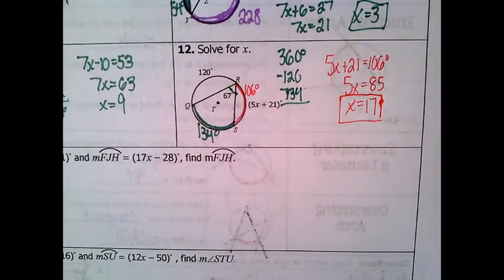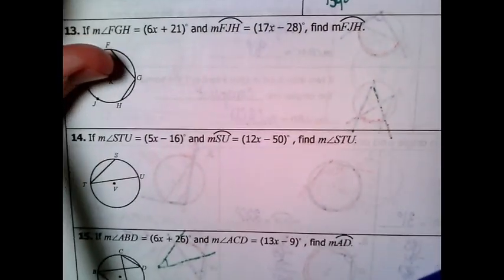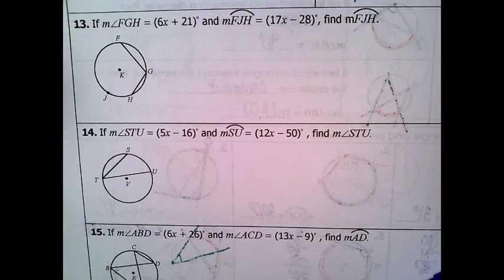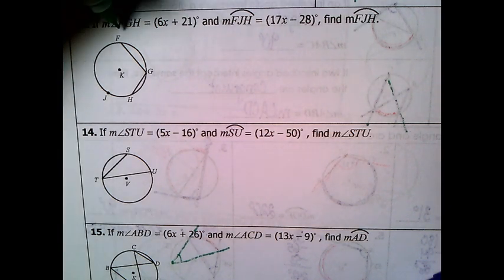So those are all algebra problems. The next ones are geometry problems, because I have to do the algebra to plug it in to find the value of something. So let's do that. Measure FGH. I like to use colors.